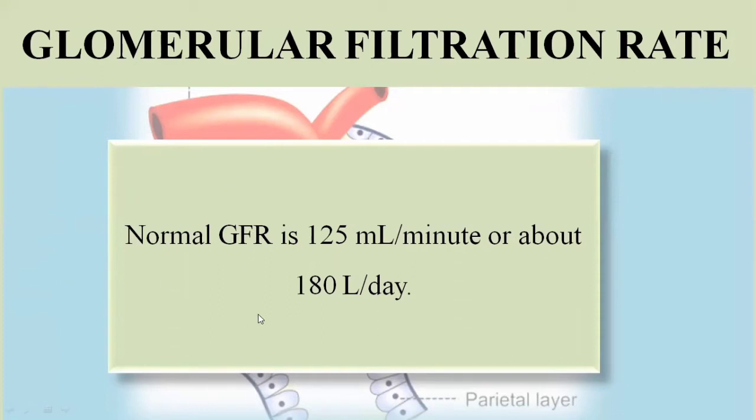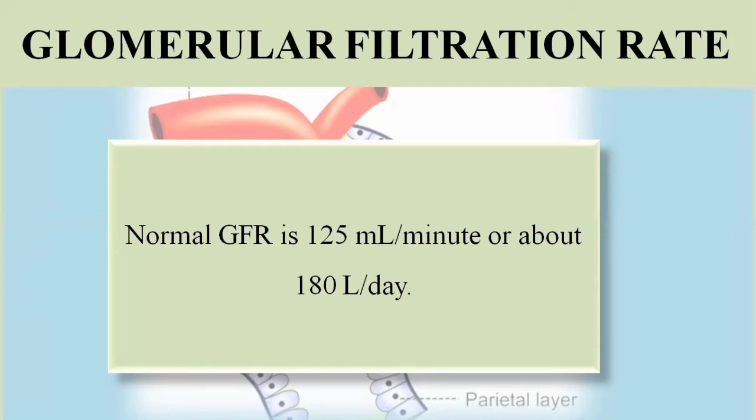This GFR, glomerular filtration rate, is calculated by a specific formula, or there are certain online calculators through which you can calculate it. Glomerular filtration rate tells you about the functioning of the kidney, whether it is functioning normally or there is some disease or abnormality.